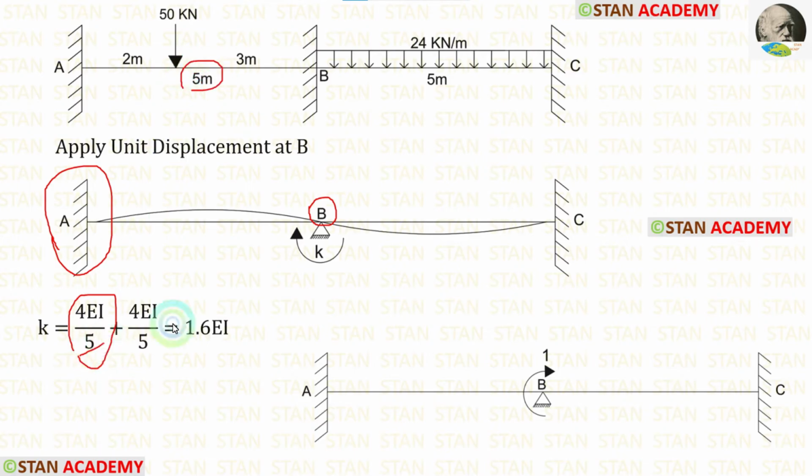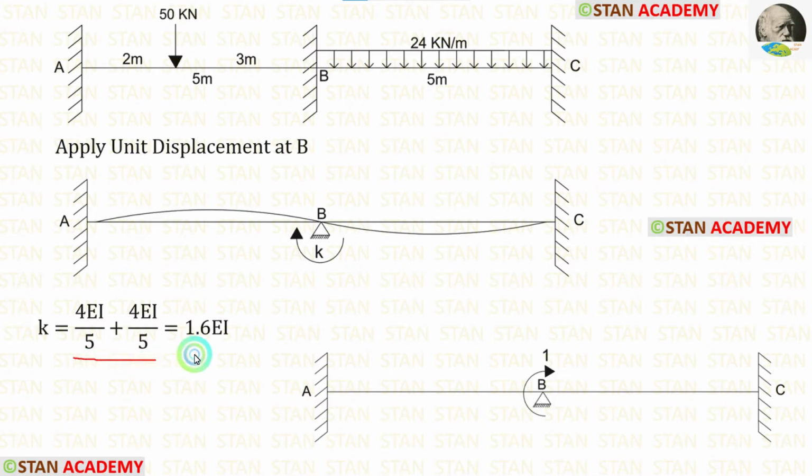Let us apply that. Now let us look on the right of B. On the right of B also, we are having a fixed support. If the far end is fixed, the formula is 4EI upon L. The length of BC is 5 meter. Let us apply that. After adding these two values, we are getting 1.6 EI.